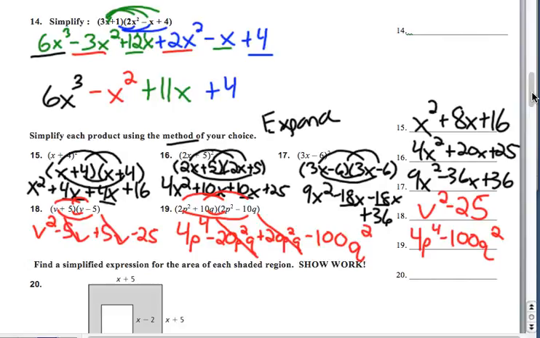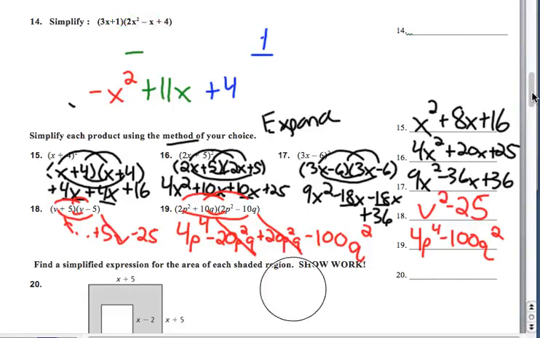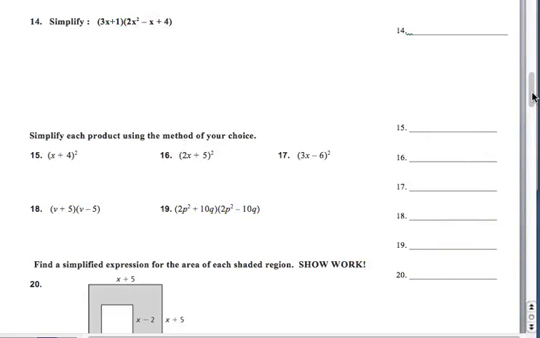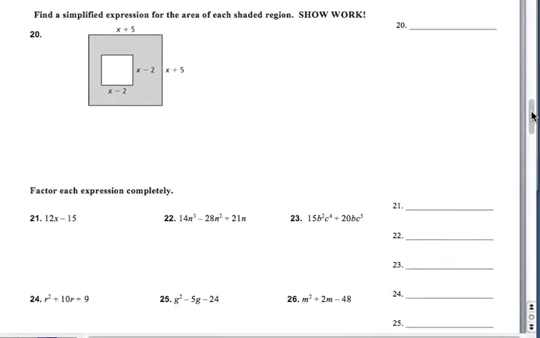All right, on a related note, number 20. Number 20 uses foiling as well, but this one, remember, you have to set up yourself. Find the area of the shaded region. Here I see areas of two squares. You know how to find the areas of those two squares: the area of the big square, length times width, and the area of the little square, length times width.